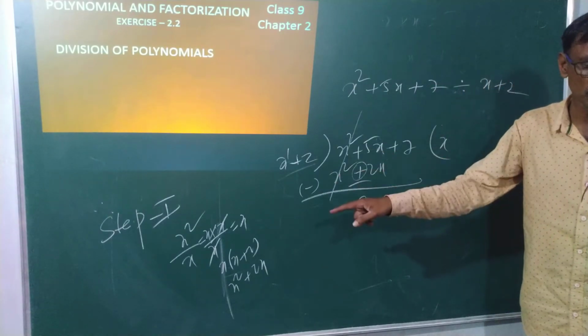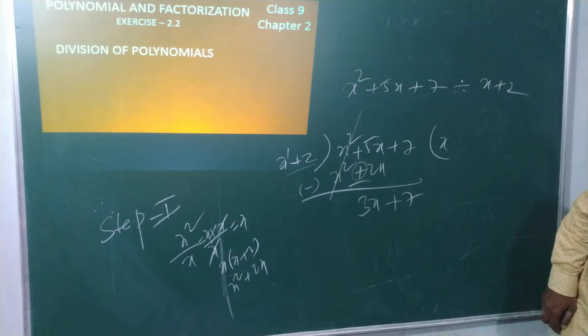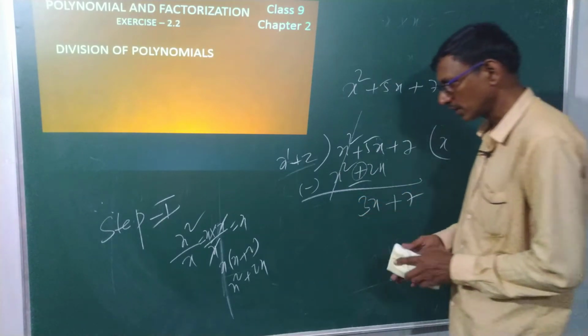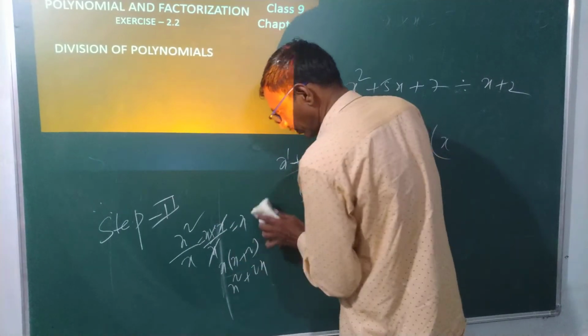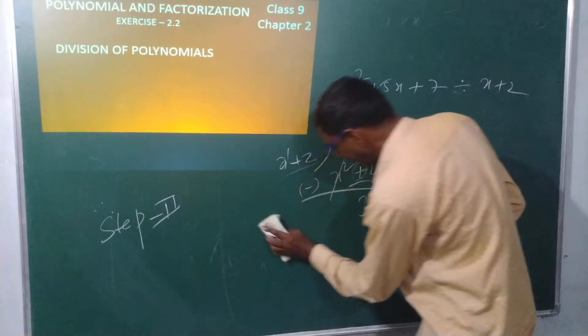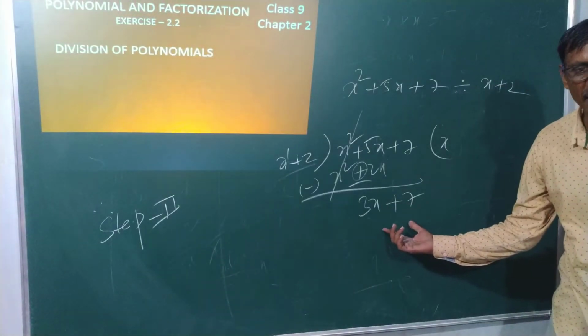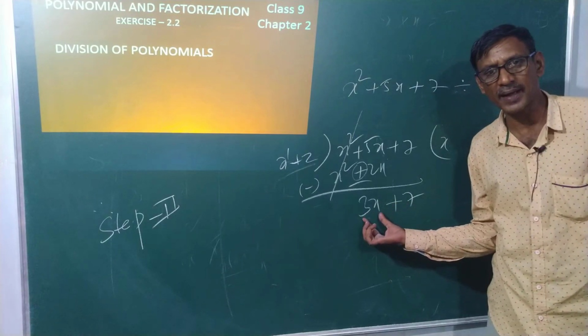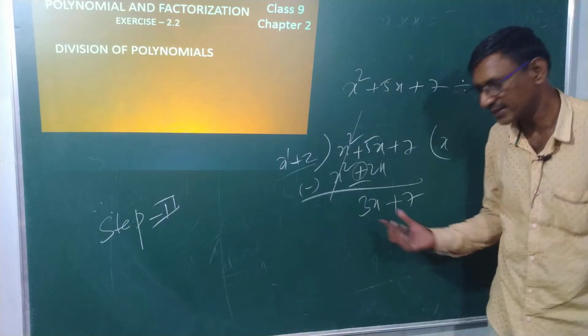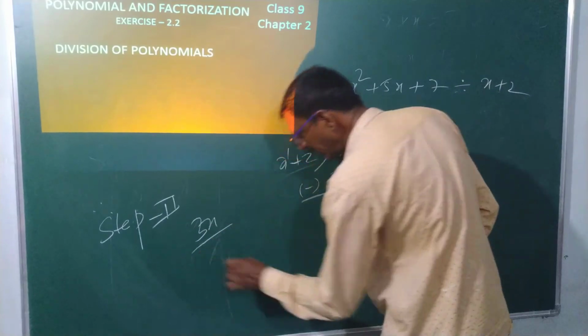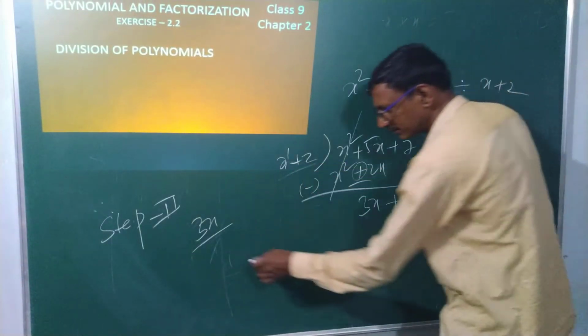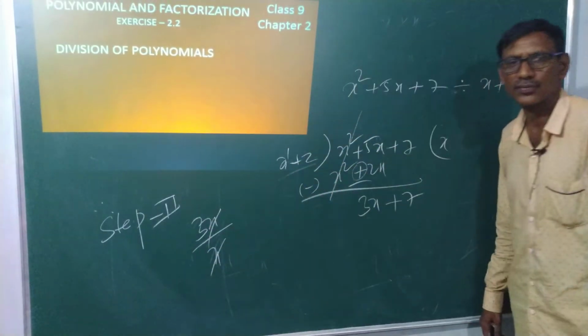Again going to step 2. Okay. Again, this is the remainder. Here, this is the leading term, that is 3x. Divide with x again. Same process.